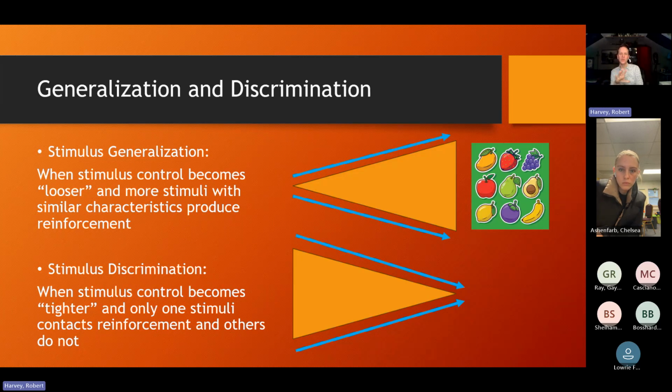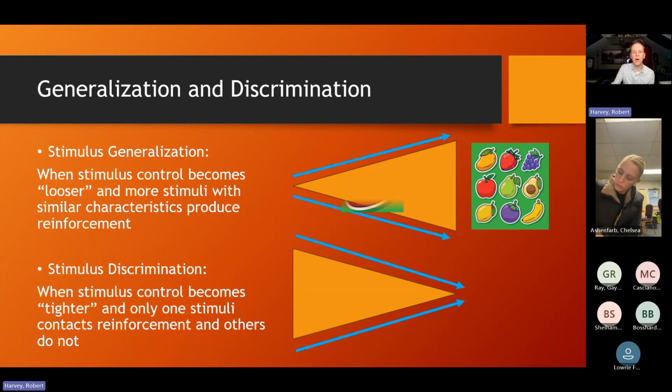So you're generalizing your response of fruit to multiple things, and this is just nine cartoonish pictures of fruit, right? You would also have to generalize it to actual fruits and to pictures of actual fruits and to the taste of fruits, so you don't want stimulus control for the word fruit to be just one thing, right? That would be overly rigid stimulus control.